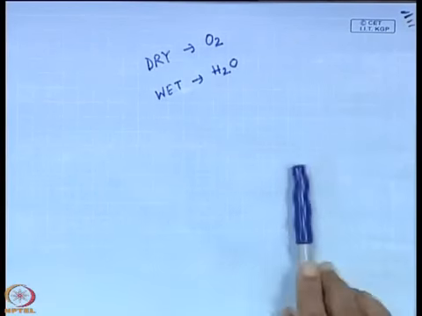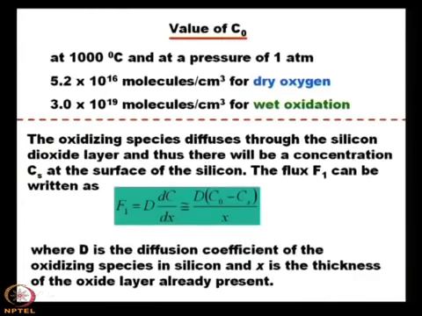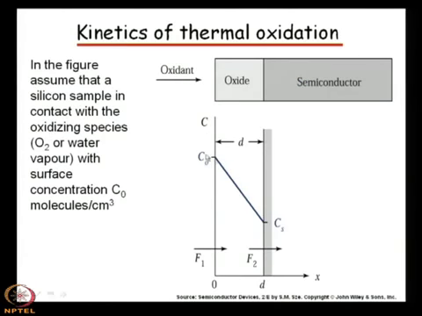So, in the view graph you can see that the oxidizing species could be oxygen or water vapor depending on whether the oxidation is dry or wet, with surface concentration C0 molecules per centimeter cube. Now the next question is, what is the value of this C0?